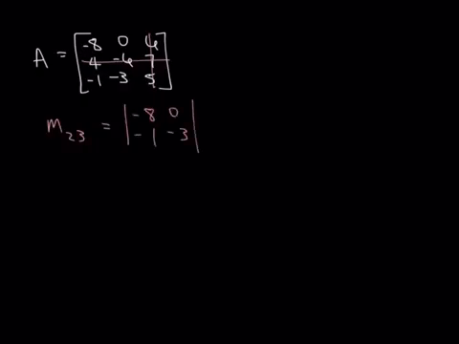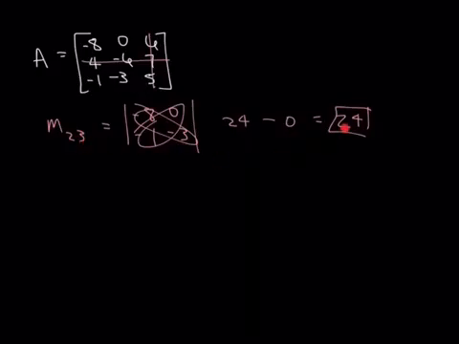It's a 2 by 2, multiply, minus 0 equals 24. So the minor of 2, 3 is the number 24. And that's all there is to finding the minors. So now let's go to cofactors. Cofactors, what they do is they give you this formula.